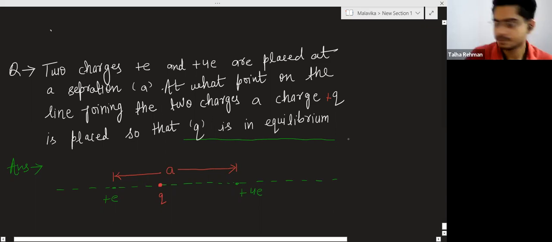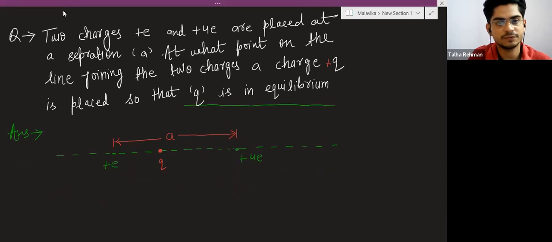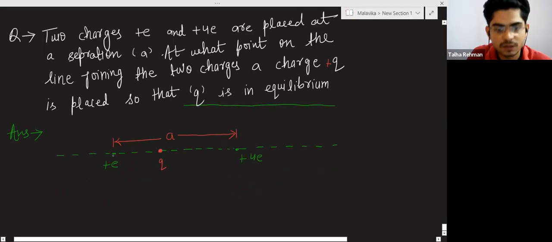So please look here carefully. Due to this charge at this point, the direction of force will be like this. This is a positive charge and this is also a positive charge, so the force will be in this direction. I am supposing this as charge 1, so due to charge 1 the force F1 is in this direction.